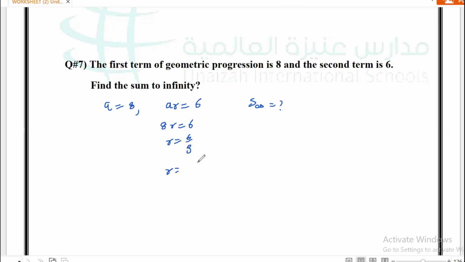Both are divisible by 2, so 3 over 4. Then S to infinity, or sum to infinity, is a over 1 minus r. So 8 over 1 minus 3 over 4, which is equal to 8 over (4 minus 3) over 4, so 1 over 4. So it is 8 multiplied by 4, which is equal to 32.